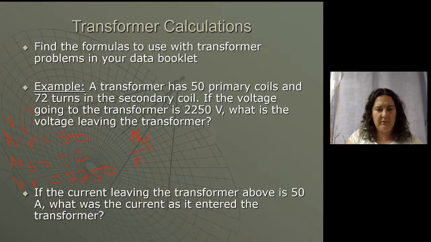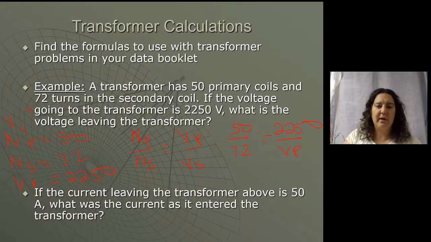The number of turns primary over the number of turns secondary is equal to the voltage primary divided by the voltage secondary, which is what we're looking for. I'm going to put my numbers in first. So I end up with 50 divided by 72 is equal to 2,250 divided by the secondary voltage.